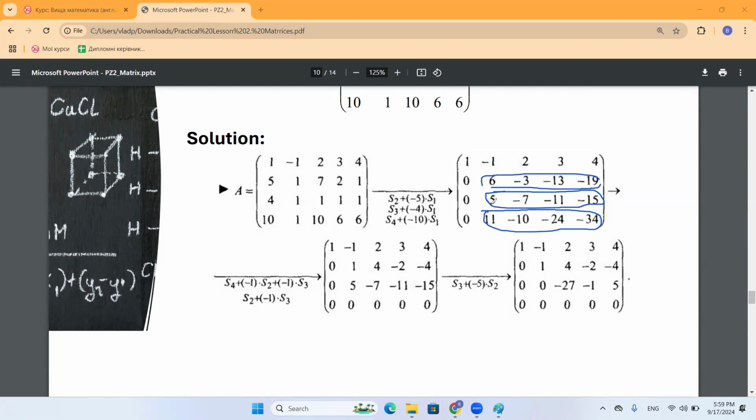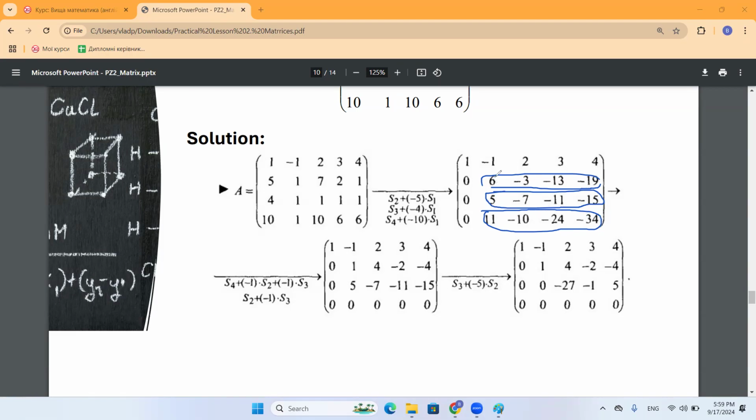So we subtract this one from this and from this as well, but here is something not correct. We just subtract this and this from this row, and here we have zeros only.